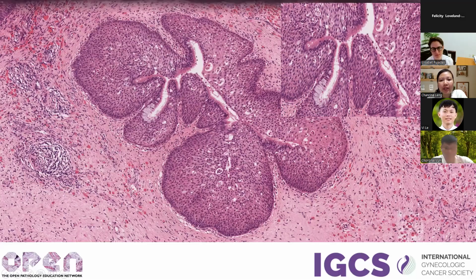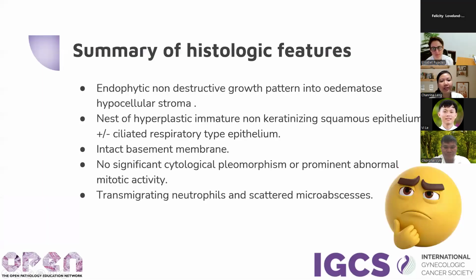So the summary of the histologic features of this lesion: there is an endophytic non-destructive growth pattern that grows downward into the hypocellular stroma, and the nests of the tumor are composed of hyperplastic immature non-keratinizing epithelium with ciliated respiratory type epithelium.